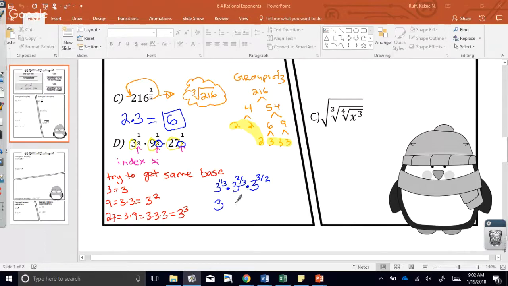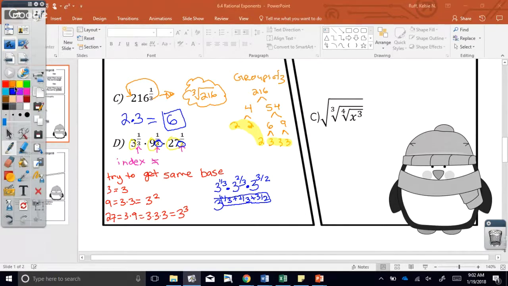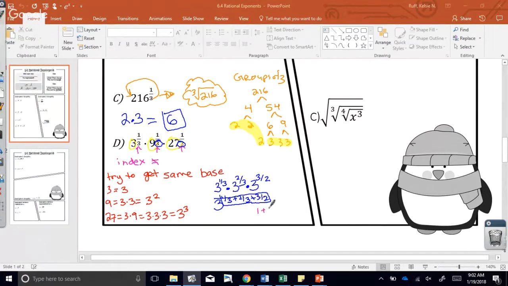Now that they have the same base, we can say, okay, when we multiply with the same base, we add the exponents. Plus 2/3 plus 3/2. If I look at just the top, I've got 1/3 plus 2/3, which is 1.